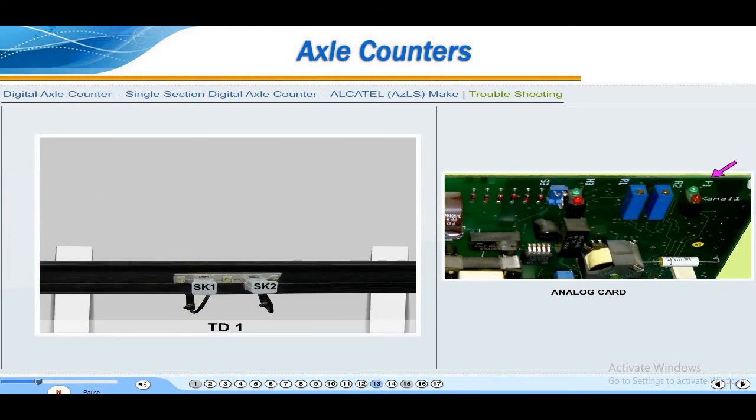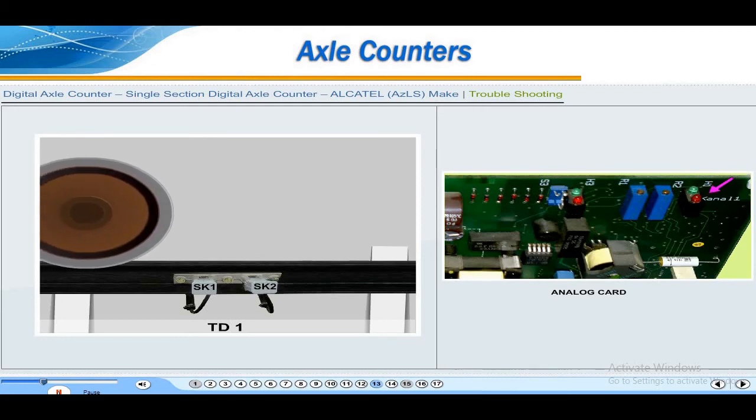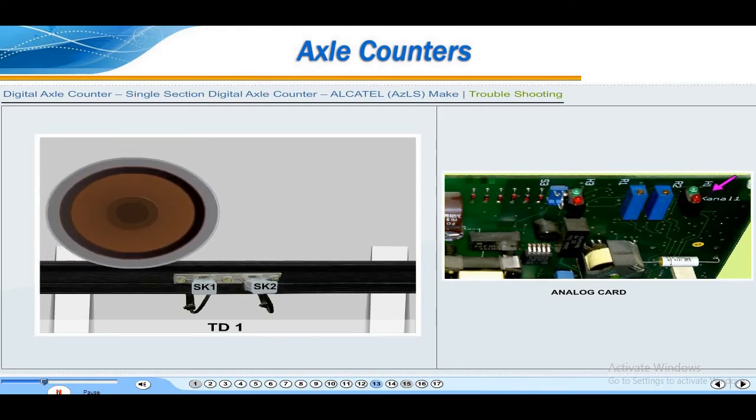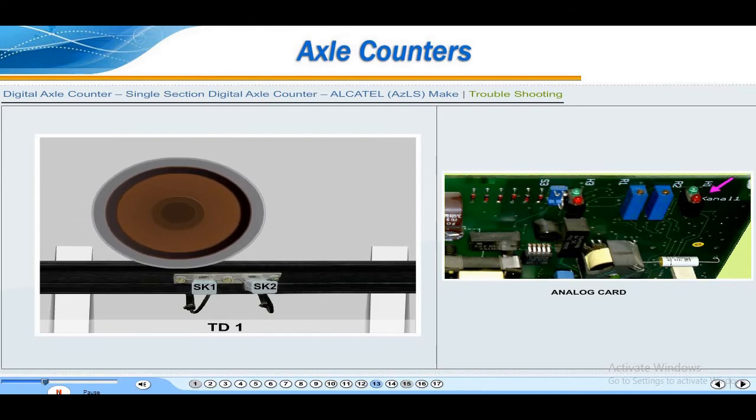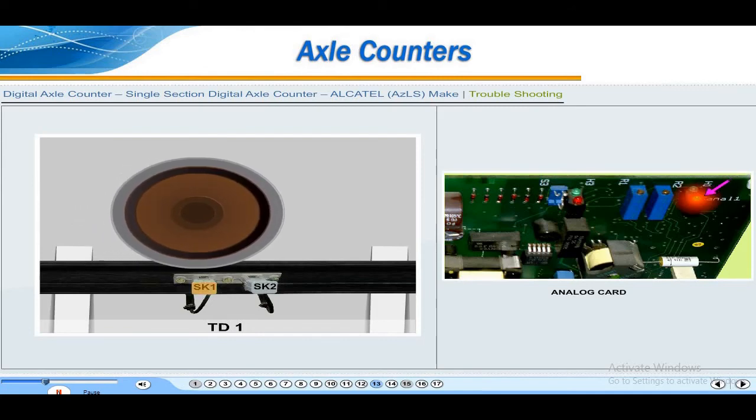H1 2 green LED normally keeps flashing, indicating that no wheel is approaching SK1. That is, MESUB1 is within tolerance limit. It goes off when a wheel approaches SK1. H1 1 red LED normally remains off when there is no wheel on SK1. When there is a wheel on SK1, this LED lights.